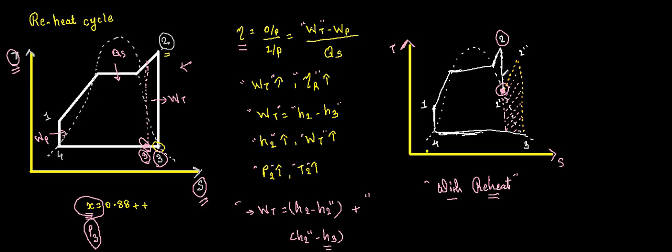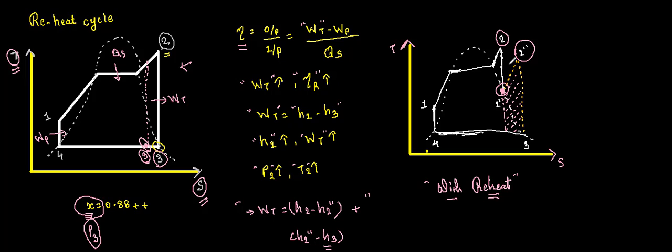So in order to reutilize that heat, the steam which is expanded up to point number 2 double dash is extracted and supplied inside the chimney again, or passed through the flue gases. So again heat transfer takes place from the flue gases to the steam which is extracted from the turbine.